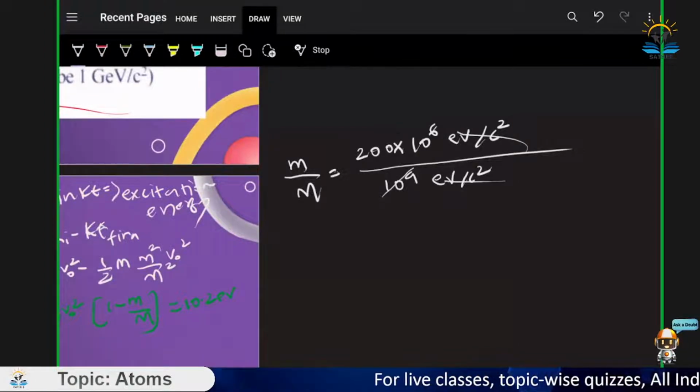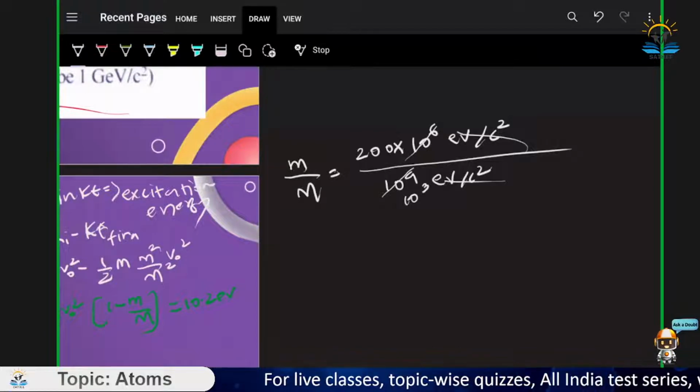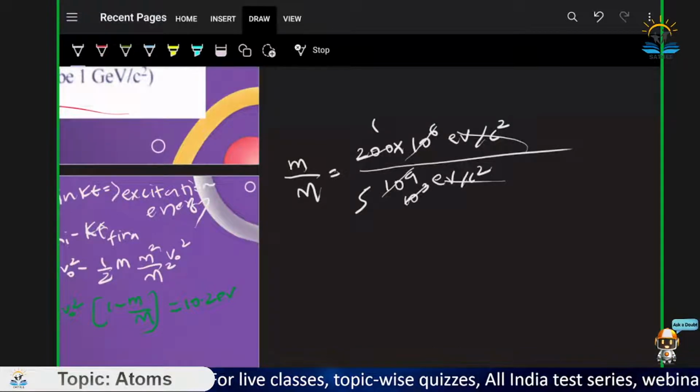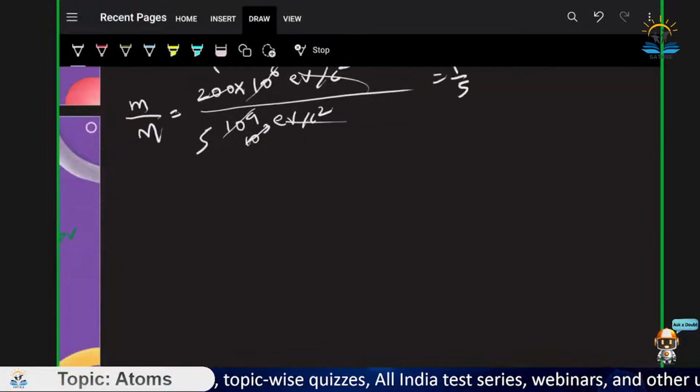We can cancel 10 raised to 3, so 200 by 1000, that is 1 by 5. So small m by capital M is 1 by 5.